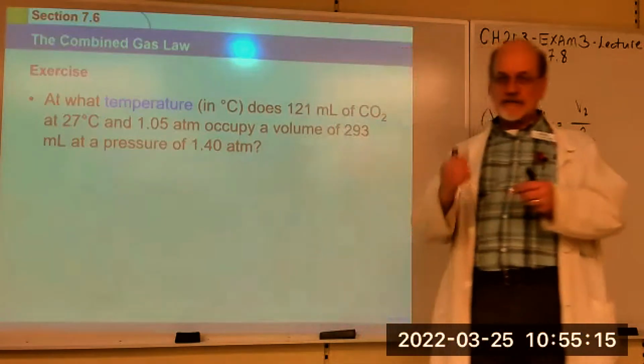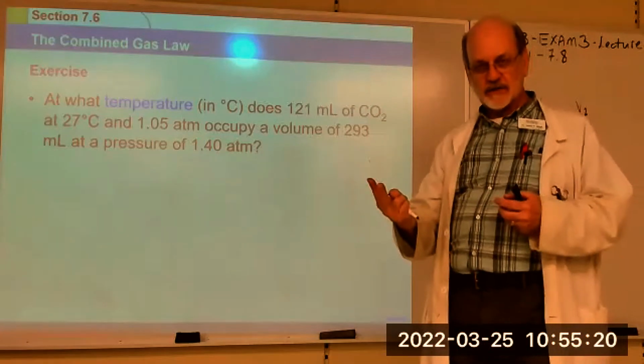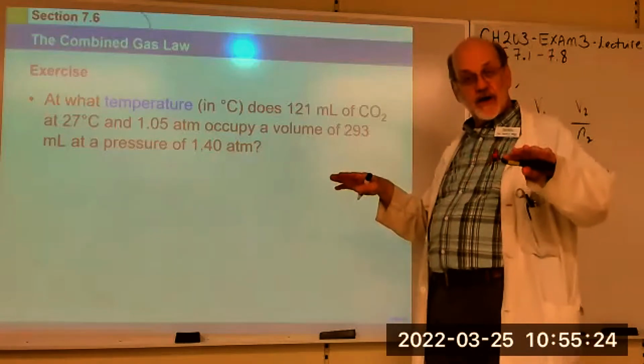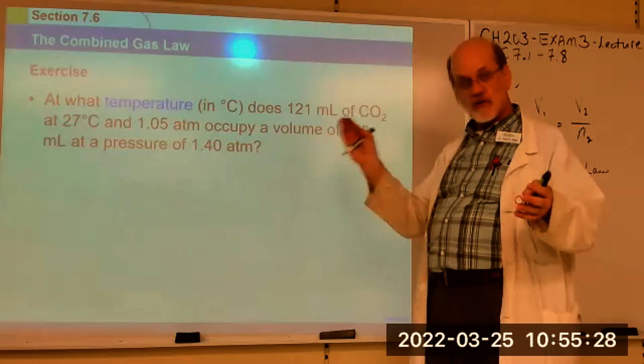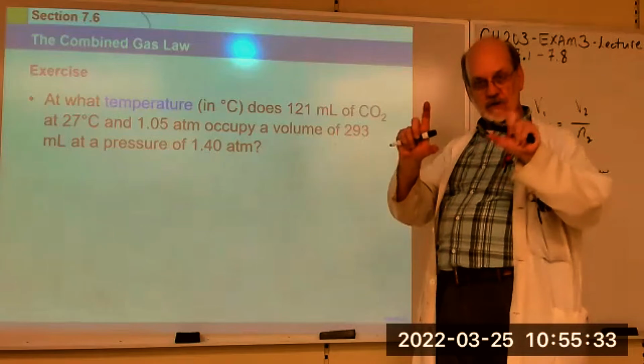You ask yourself first, is it a before and after situation? What are the variables? With a combined gas law, are any of those variables constant from before to after? If they are, cross them out, and that reduces your combined gas law to a simpler form.